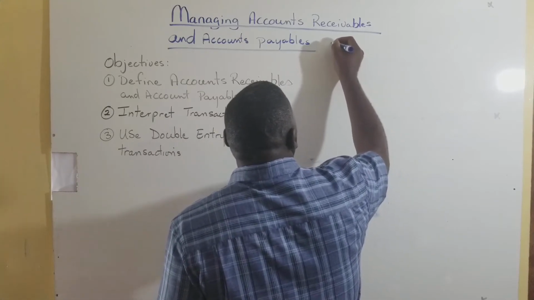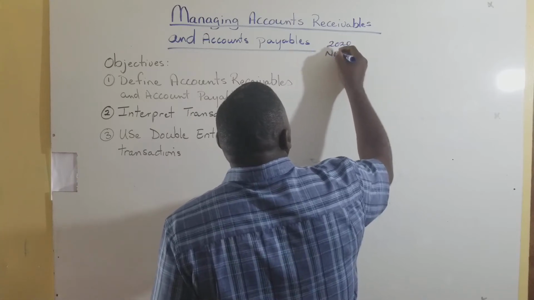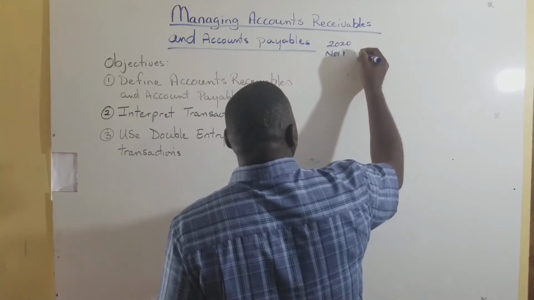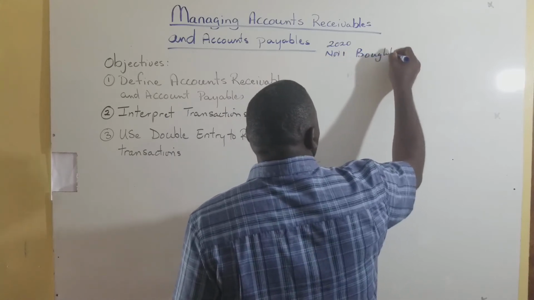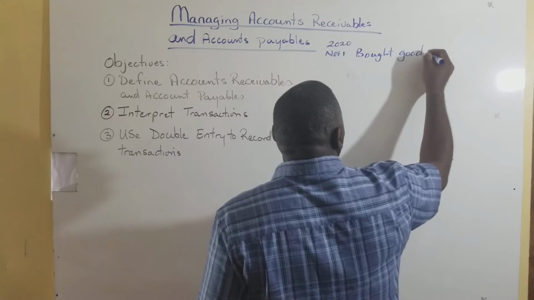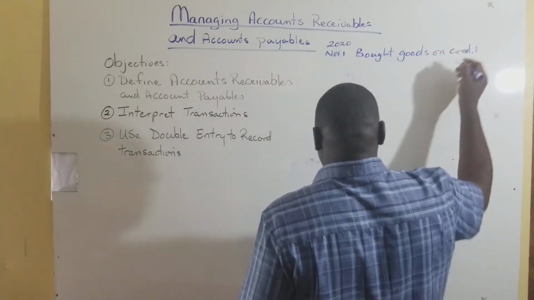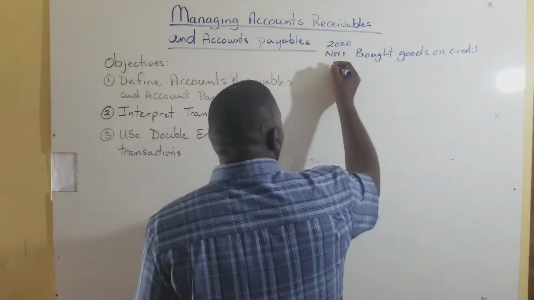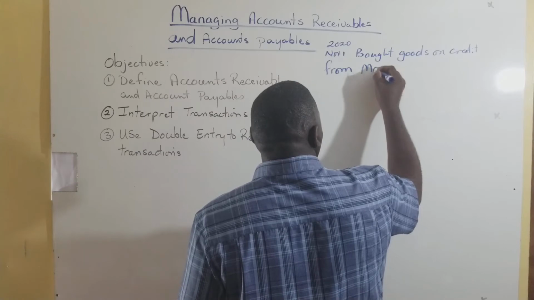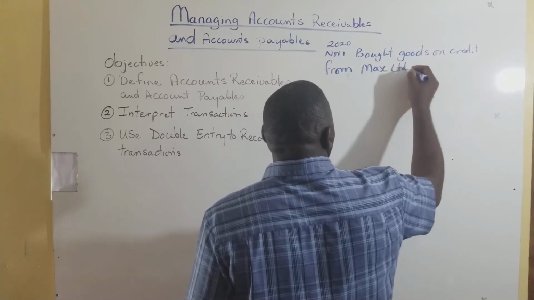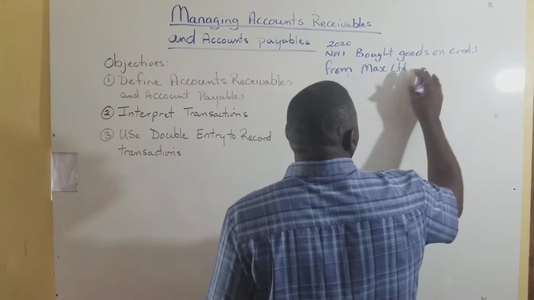So for example, 2020, November 1st, we bought goods on credit from Max Limited, and the amount is, let us say, $7,000.